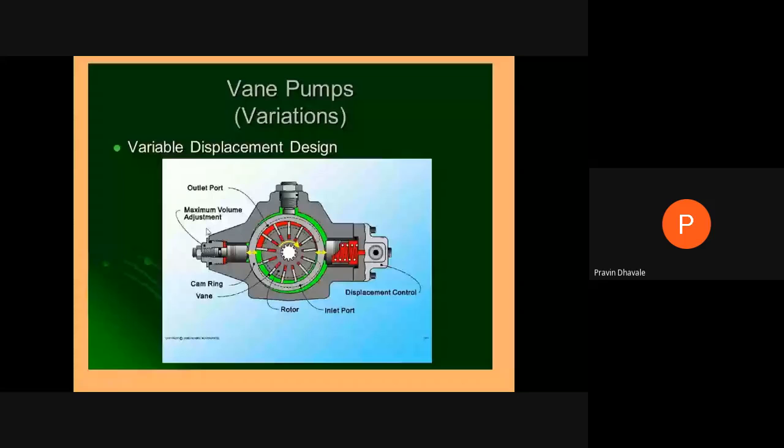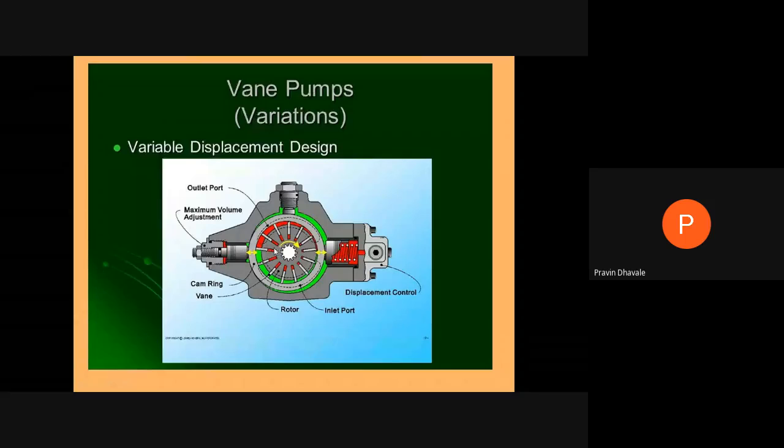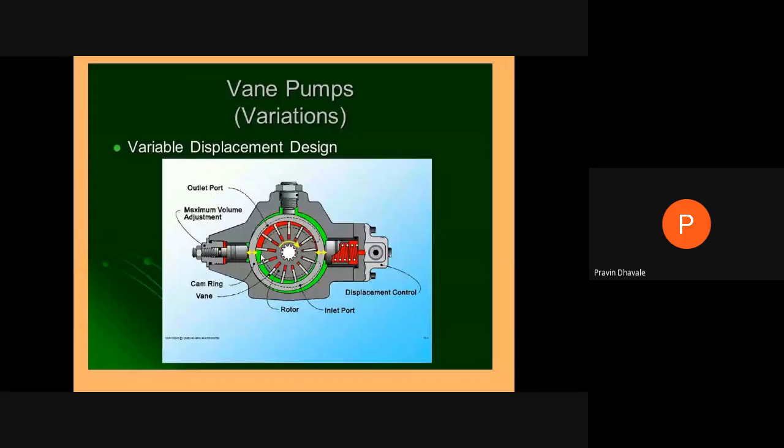By adjusting that screw, we can adjust the offset or eccentricity between the rotor axis and the center of the cam ring. We can control the stroke, and by controlling the stroke we can control the displacement.